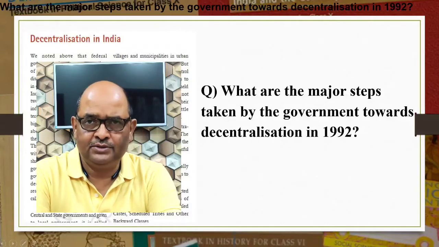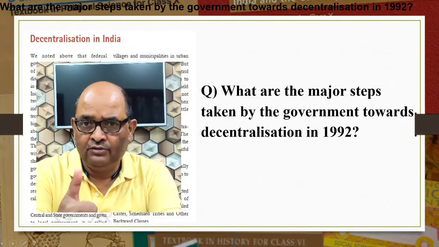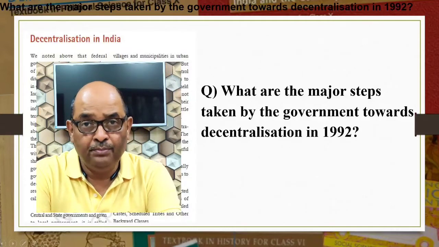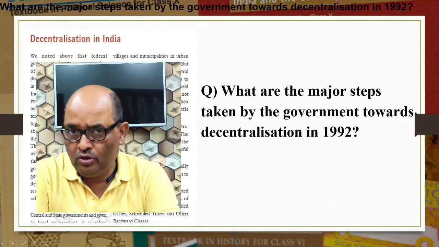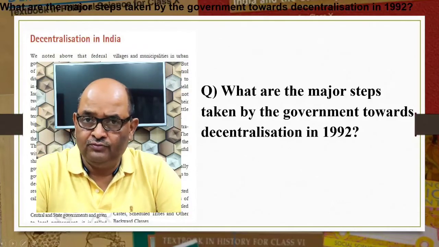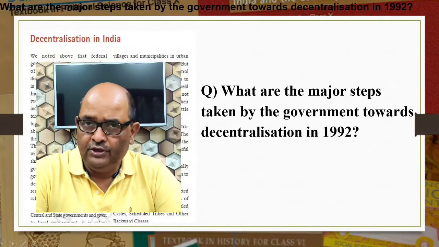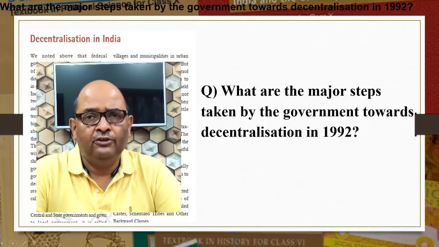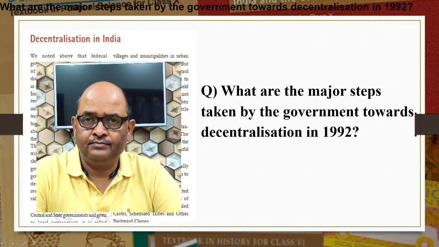The major steps taken were as follows. 1. It was now constitutionally mandatory to hold regular elections to the local government bodies. The term of the government is 5 years. However, if it is dissolved before 5 years, fresh elections must be held within 6 months.